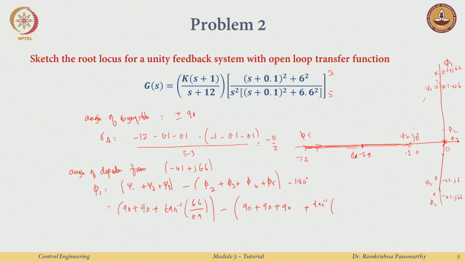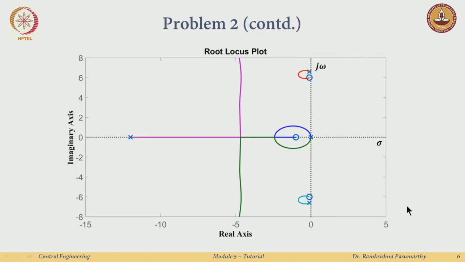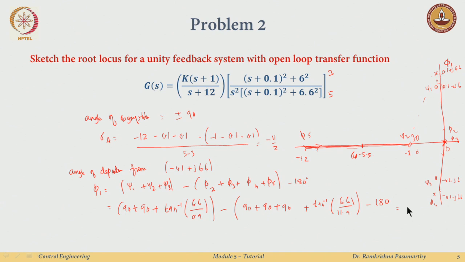So, that is inverse tan from this zero again. So, that is 6.6 by the horizontal distance 11.9, and all of this minus 180. So, that will give me an angle of 142.6. So, now I know that from here I am actually going this direction.